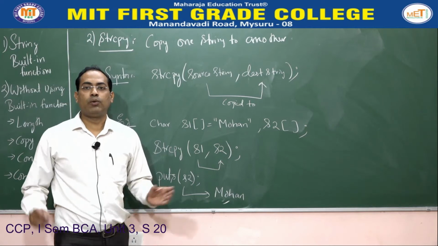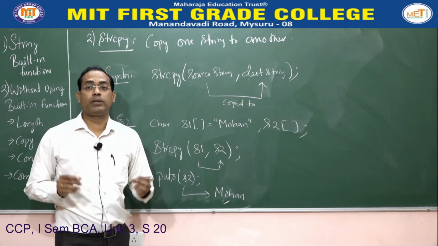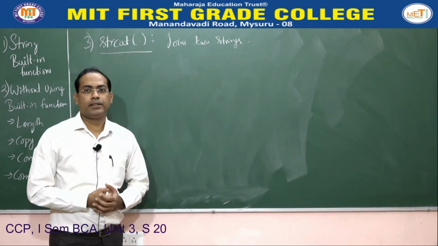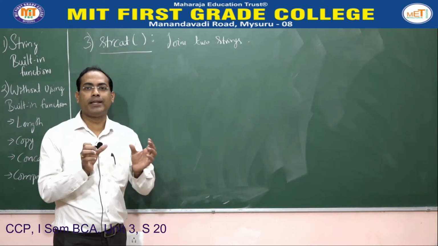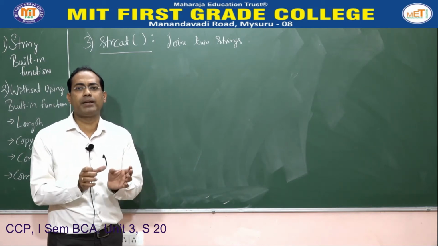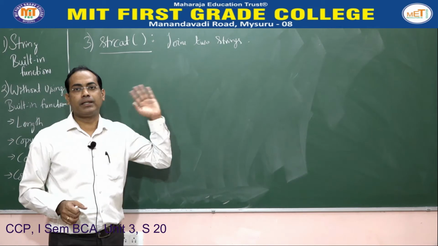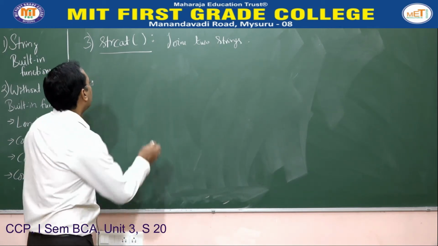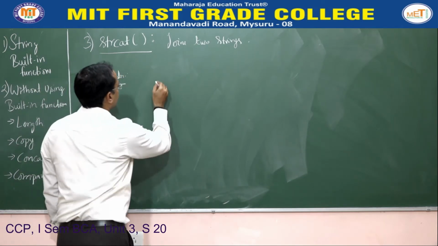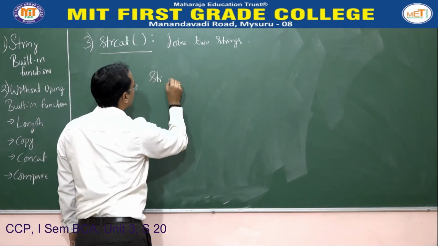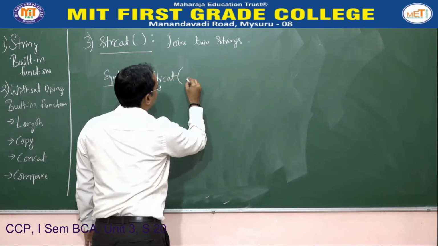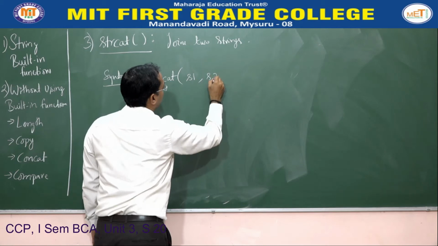Next we'll see how to join two strings with the help of the strcat function. The strcat is used to join two strings. If you want to join a first name and a last name together, you can use strcat. What is the syntax? The syntax is the same as strcpy, strcat S1 and S2.